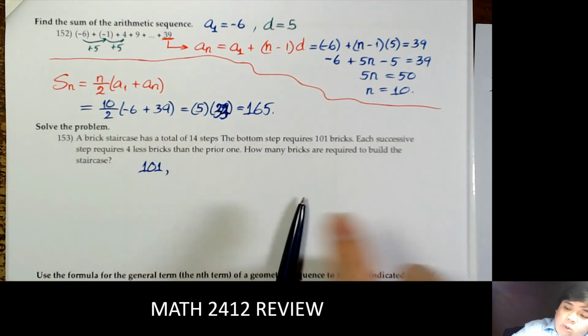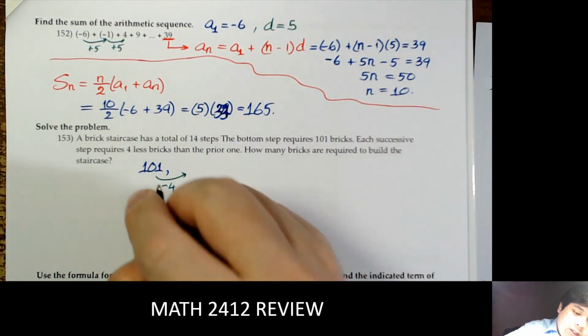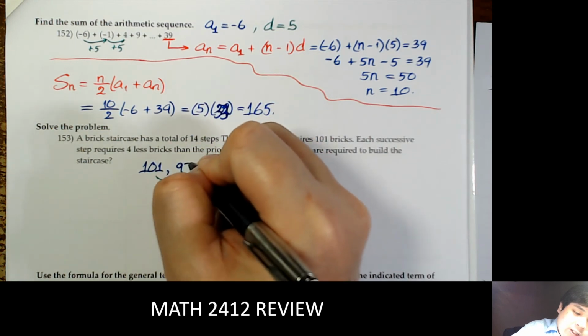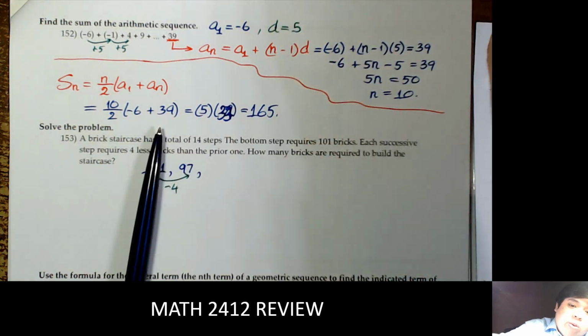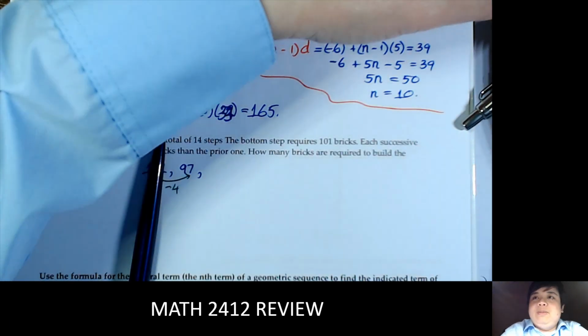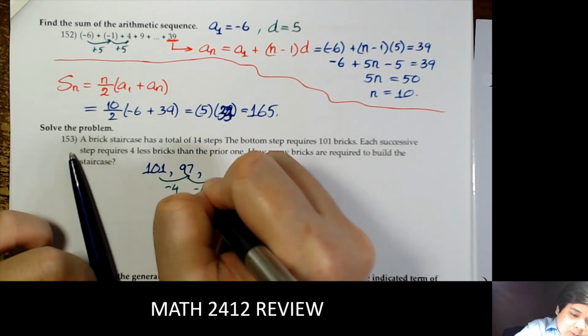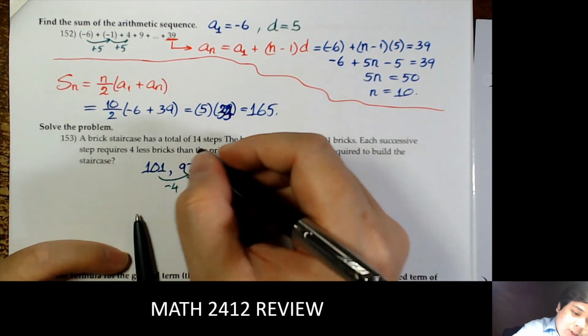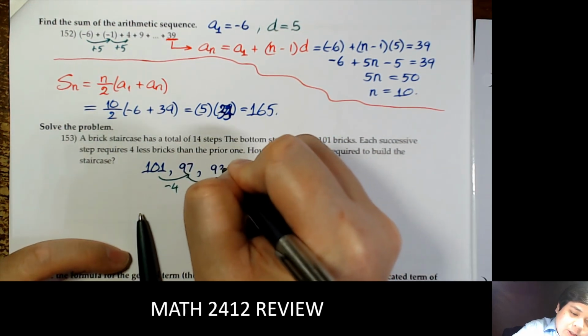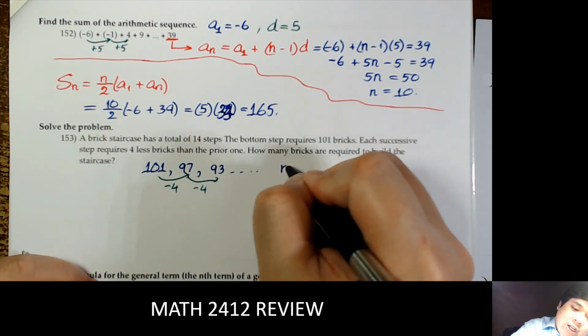So we subtract 4. And then just keep subtracting 4, and so on, and we have 14 of them, so n equals 14.